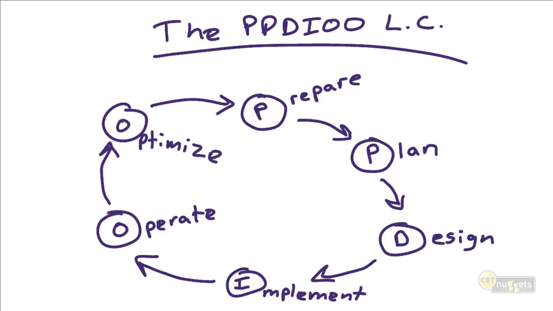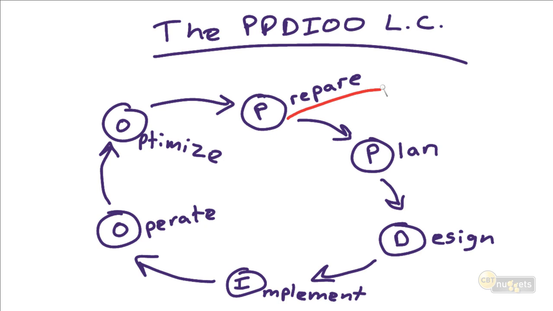What exactly is this PPDIOO life cycle concept from Cisco all about? Well, it's very common sense, so it's going to be very easy for you to memorize this from an exam perspective. First, we got to prepare to do the network design and eventual implementation.